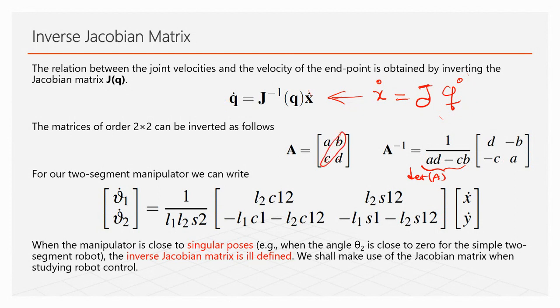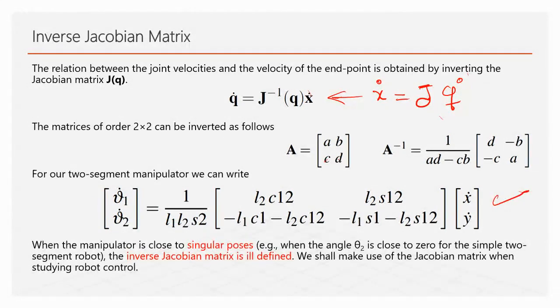So these two will be negative, and these two will be swapped. Simply you get your inverse. So for a robot with 2 degrees of freedom, there is no excuse that I can't find the Jacobian matrix or inverse Jacobian matrix. You should be able to do that if I give you numbers. If I give numbers, you should be able to do it pretty simply with calculations. And that's what we found for our 2-segment robot.